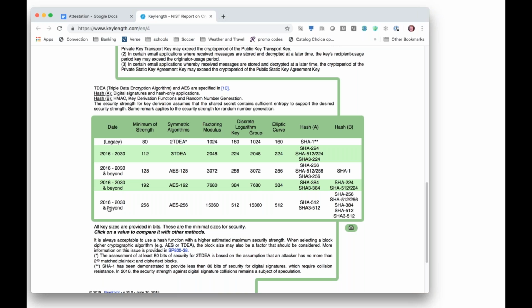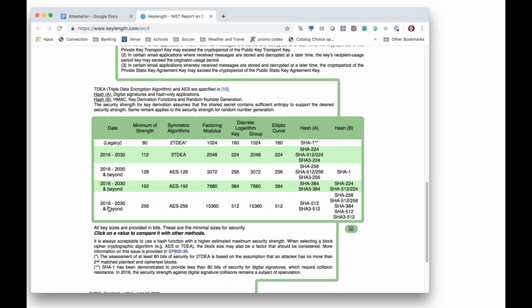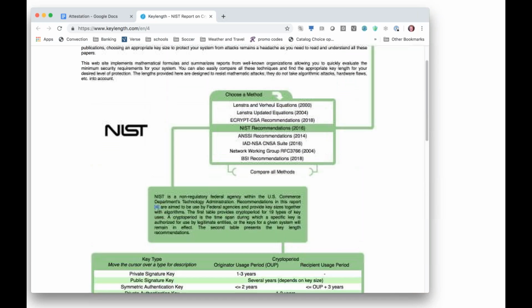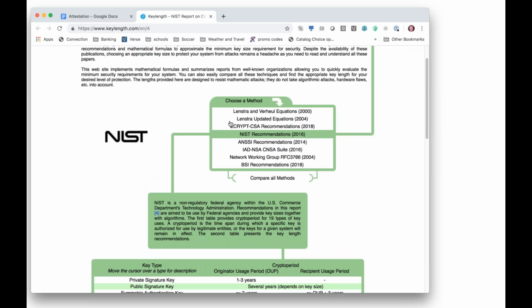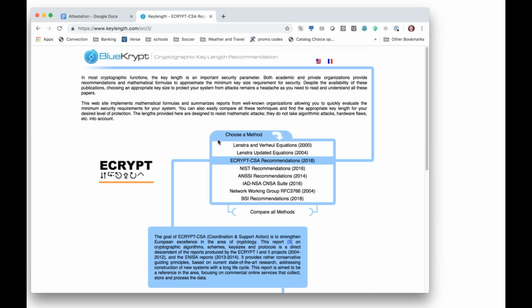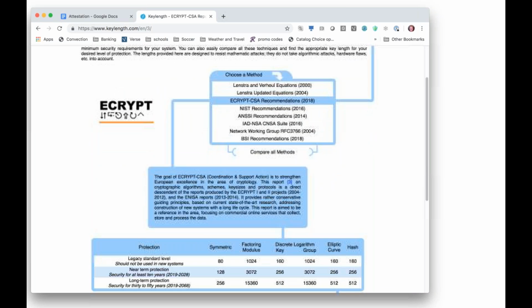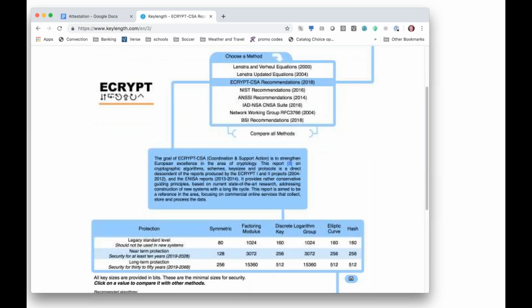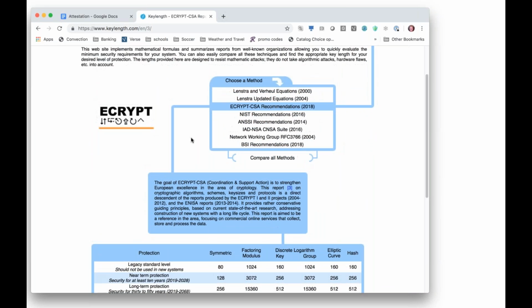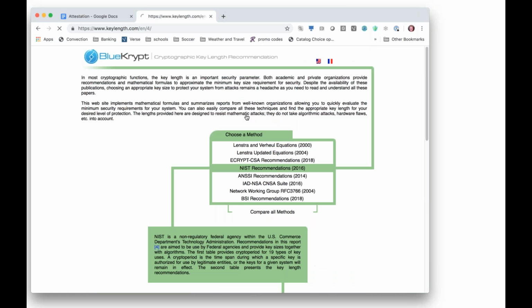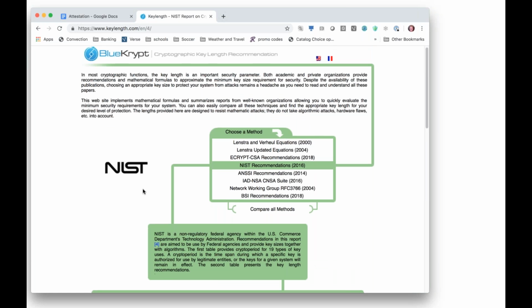So it's pretty much all in there that we need. It also refers to other standards, not just NIST, but for example, here's, I guess it's Eurocrypt, right? eCrypt. And there are different standards there, but we're sticking with NIST for our purposes. So we'll stay with NIST.